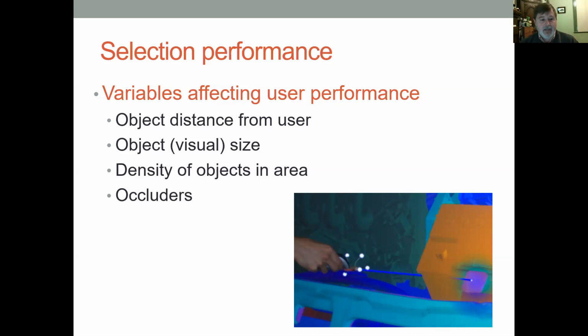Okay, the object size, classic Fitts law, smaller things are more difficult to select. Density of the objects in the area. If you have a dense pattern of objects, especially objects behind objects, they become more difficult to select. And occluders, things that are actually preventing you from seeing an object.